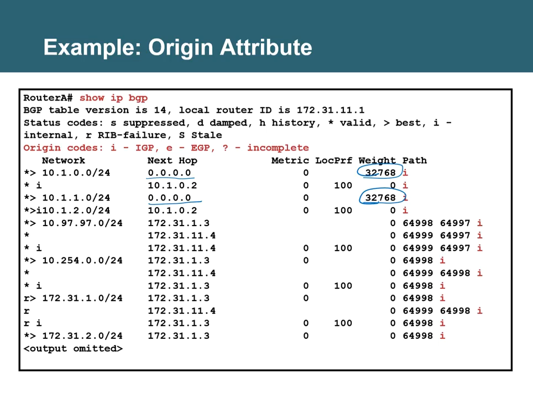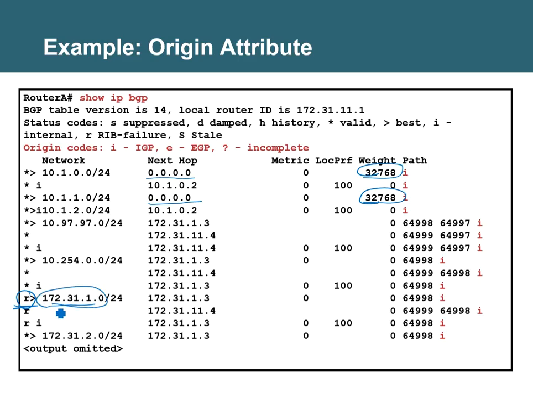Now let's move on to, okay, what is this R? R is rib failure. R means rib failure, routing information base failure. What does that mean? It means that this network is also given by some other source with less administrative distance.